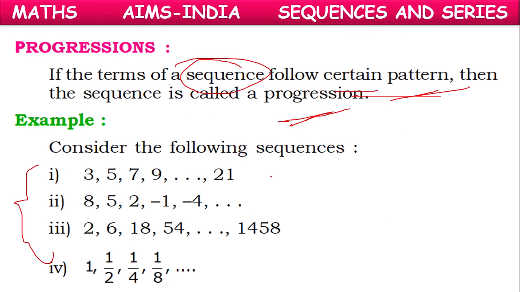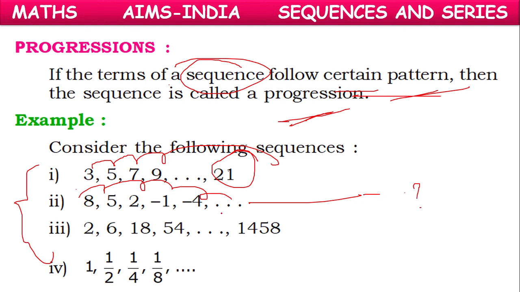But here we have elements up to 21. The end element is 21 in the first example. In the second example, there is no end element. The dots represent that the series never ends. It will go on. In the third example, again we have an end element. In the fourth example, we don't have an end element.